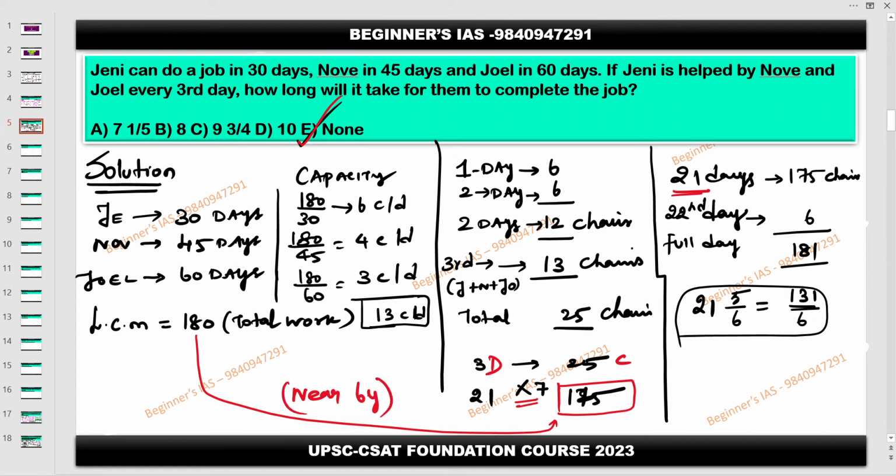So 25 into dash is equal to nearby 180. 25 into 7 is equal to 175. That is the nearby 180. Sir, but why 21? You have to multiply 3 into 7. Oh, okay. Understood? Yes, sir. Now fine. Shall I move on to the next question?